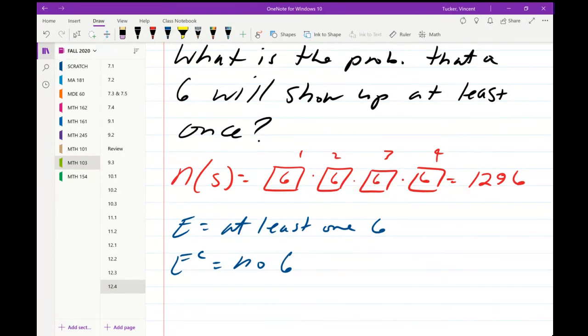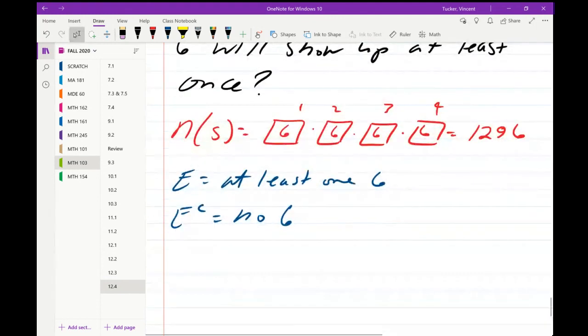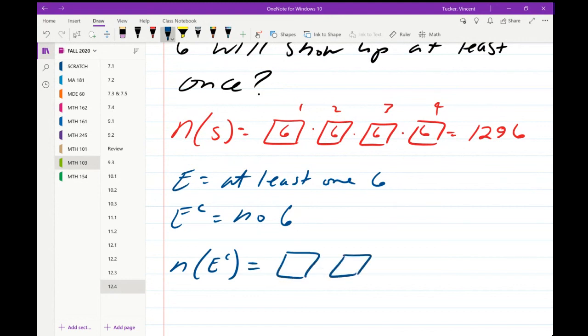When I talk about the number for my complement, the way I calculate that is to look at each die and eliminate the 6th option.